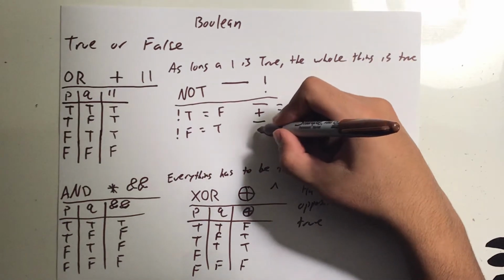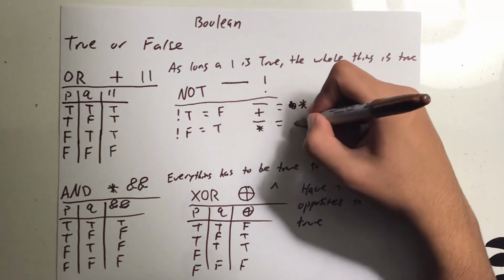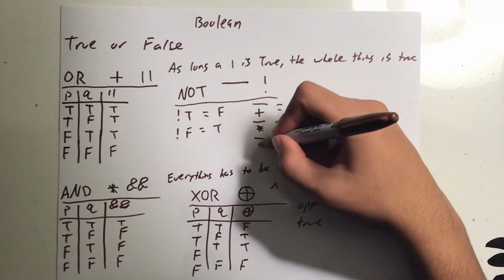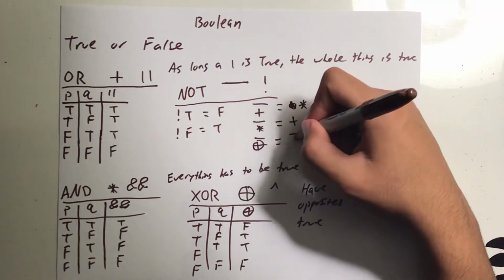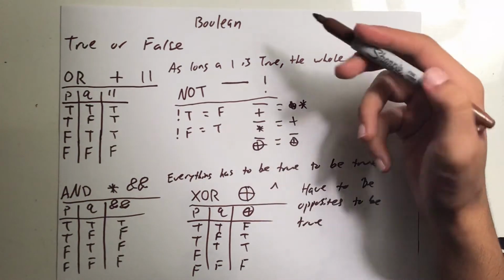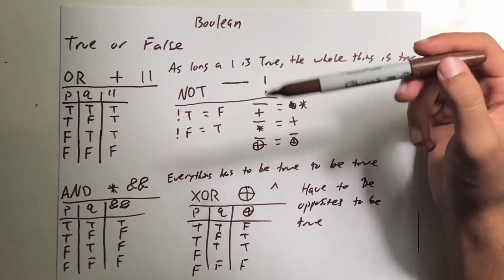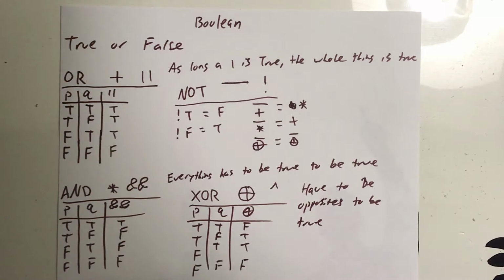And if you NOT an AND, you get an OR. And if you NOT an exclusive OR, you're just going to get a not exclusive OR. Basically what that means is now they either have to be both true or both false. They have to be the same result.